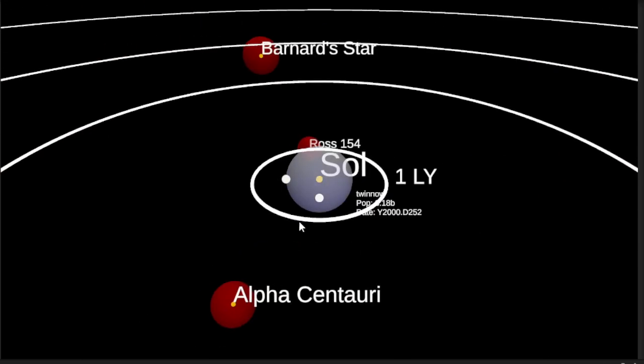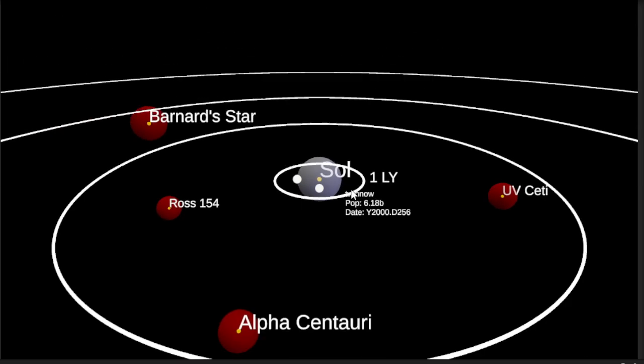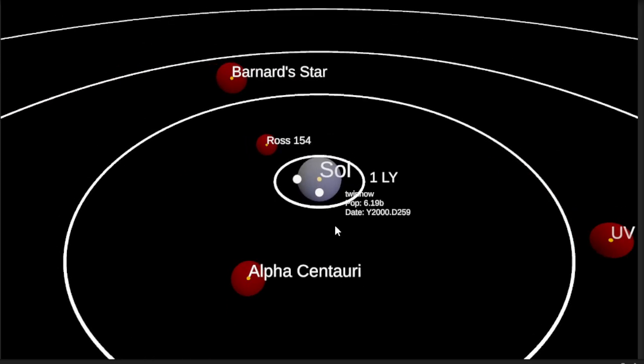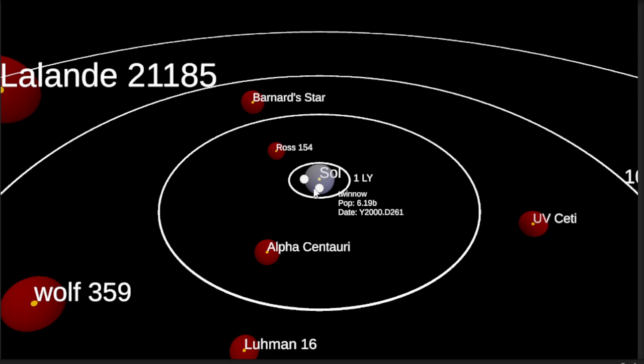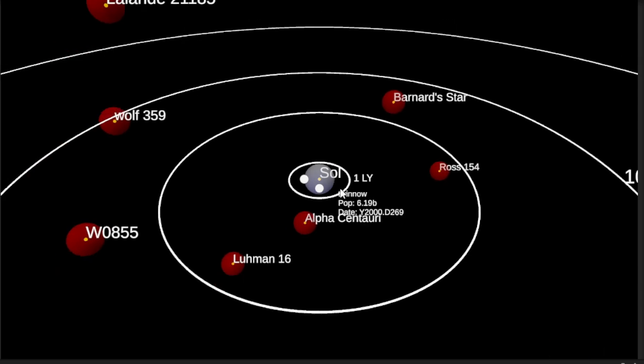And the color is showing the population of these relative to the Sun currently, because it determines it based on what the highest population is, but that's going to be the Sun.